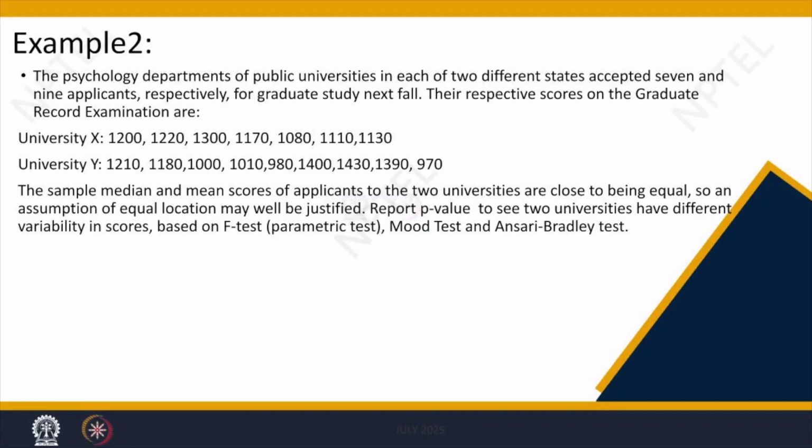So that's all about the two-sample non-parametric scale test, and we will learn when and why we would use the mood test or Ansari-Bradley test. But of course, before that, you have to check the structure and distribution of the sample at hand.